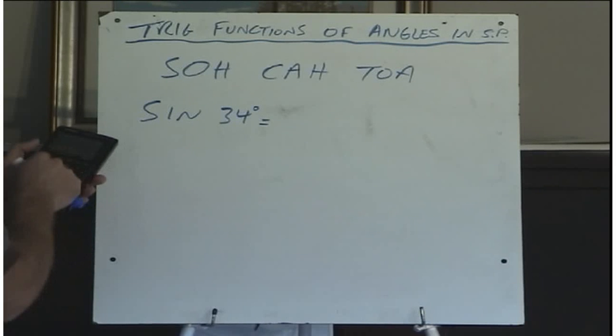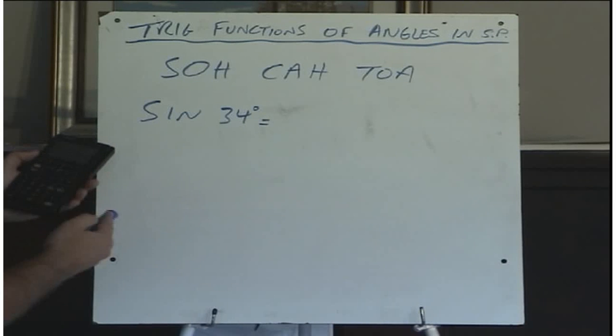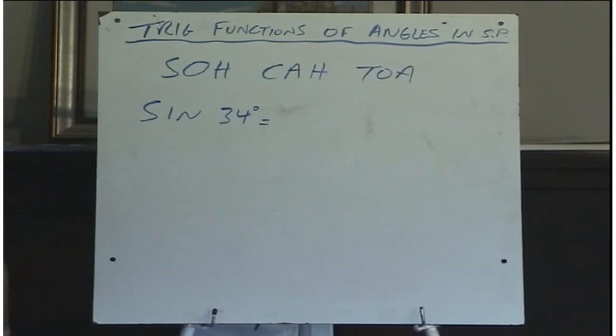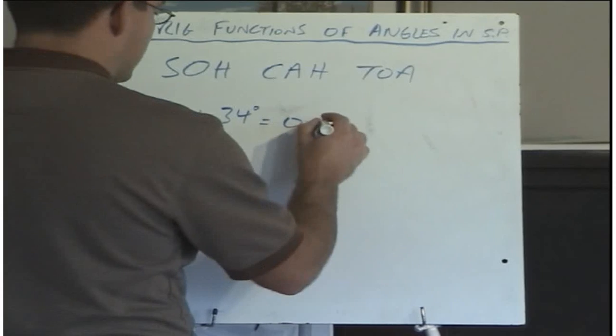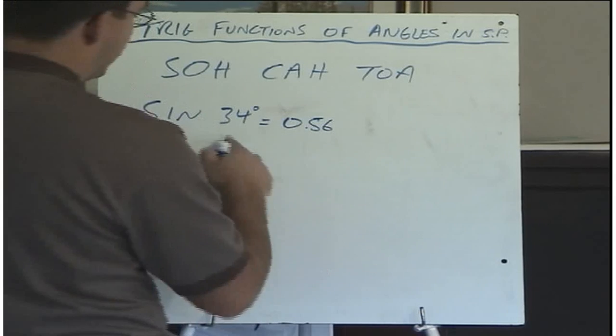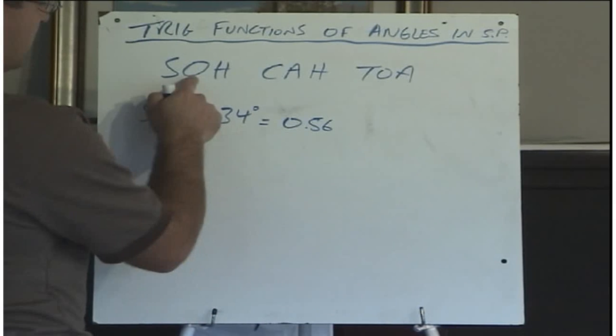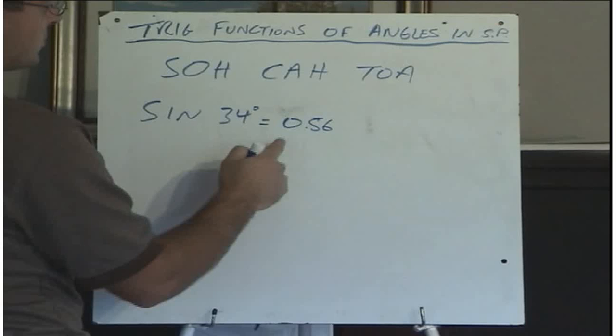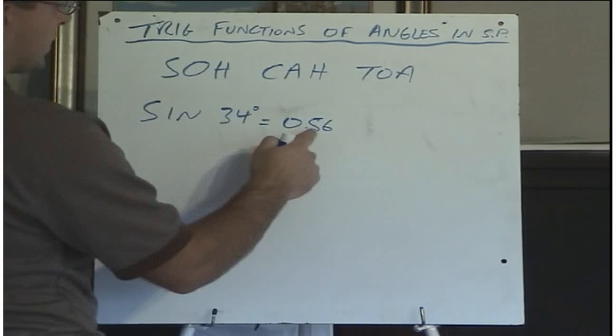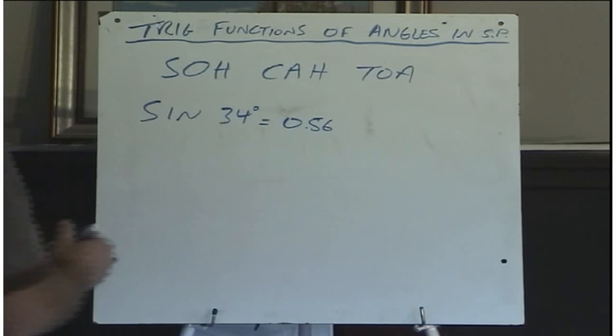So make sure you know on your calculator how to convert between degrees and radians. If you don't, you might want to see me to figure out how to do that. When I punch in the sine of 34 degrees, it gives me a ratio of 0.56. In other words, if I had a 34 degree angle, the opposite side divided by the hypotenuse of that triangle would be 0.56.